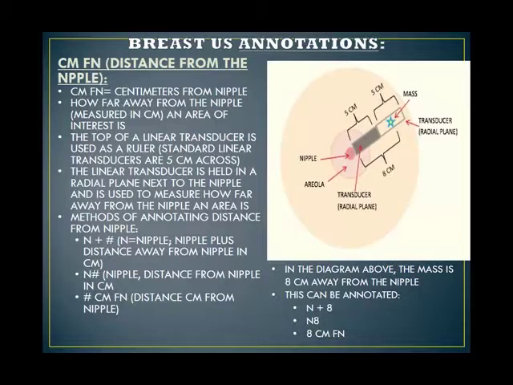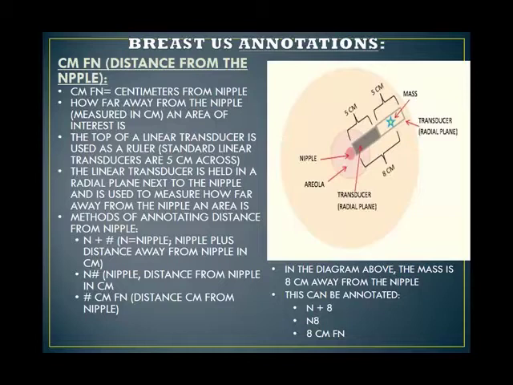We want to figure out how far away from the nipple our mass is. So we use our transducer like a ruler. If I think about this being 5 centimeters, we place it right up next to the nipple. And I can tell by this that it's more than 5 centimeters away from the nipple, if you guys can see that.